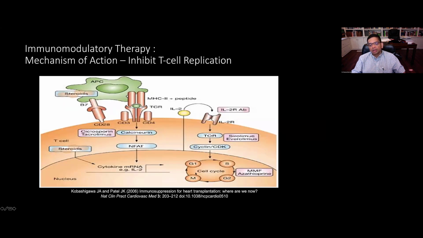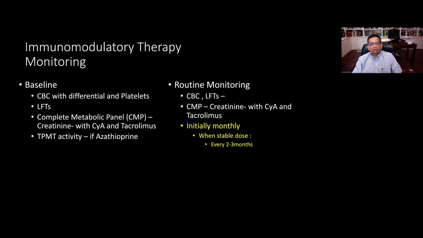And then mycophenolate and azathioprine, and to a great extent also methotrexate, those are inhibitors of the cell cycle. We'll talk about methotrexate a little bit more in detail, but mycophenolate and azathioprine in particular are purine synthesis analogs or inhibitors, and they have a specific role similarly in inhibiting T helper cell proliferation.